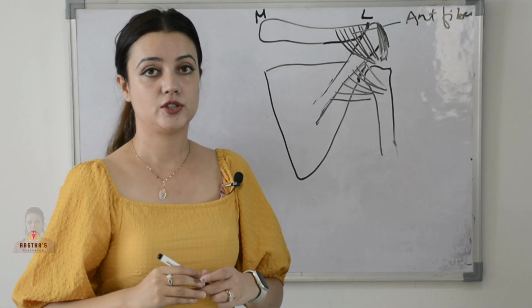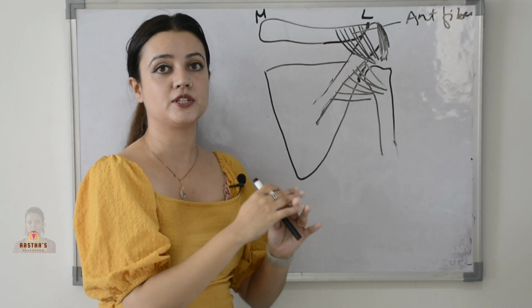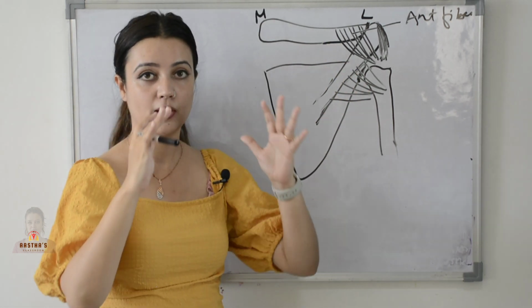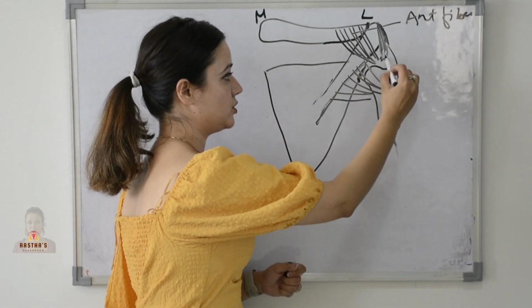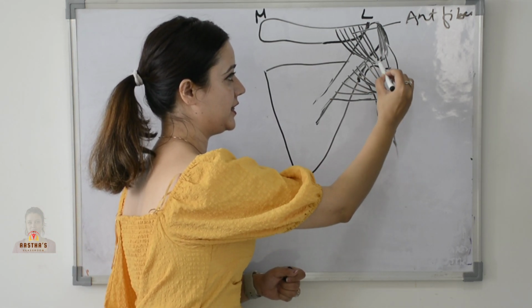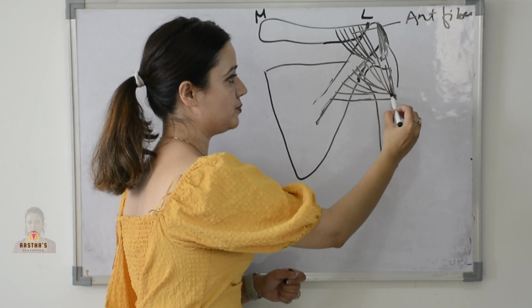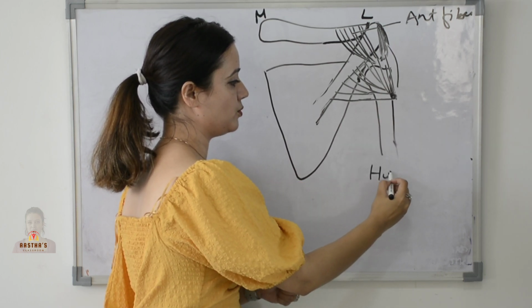Okay, so all these 3 fibers together form a huge bulk and come down together to get inserted in the deltoid tuberosity, which is present in the humerus.